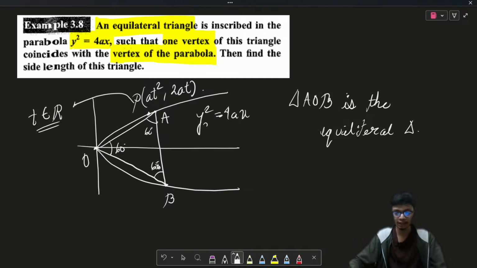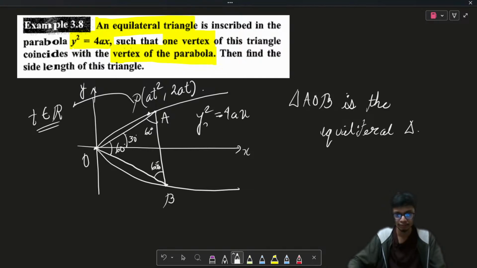Since it's an equilateral triangle, this particular triangle should be symmetric, and since the parabola is also symmetric about the x-axis, to inscribe an equilateral triangle this should be a symmetric case, right? So we'll have this particular angle to be 30 degrees, right?